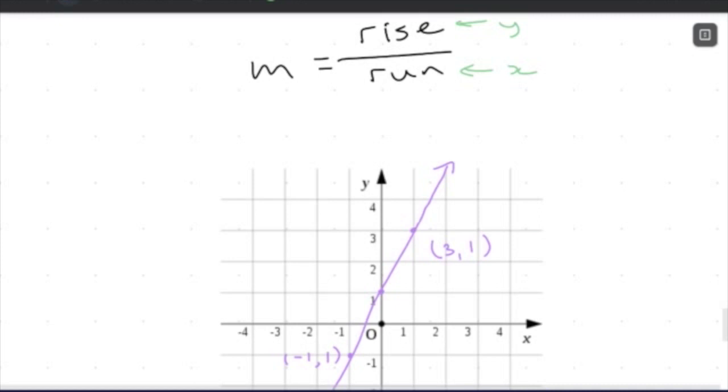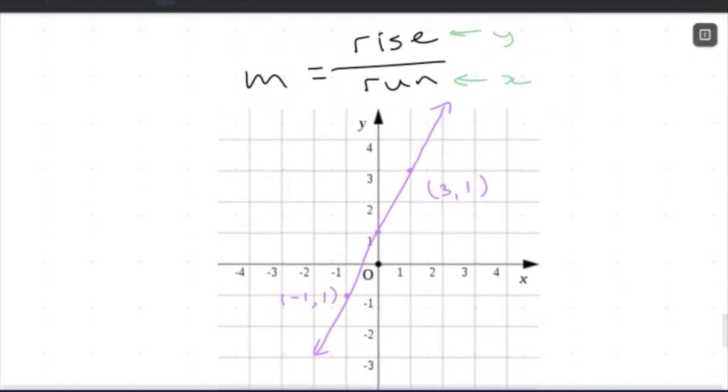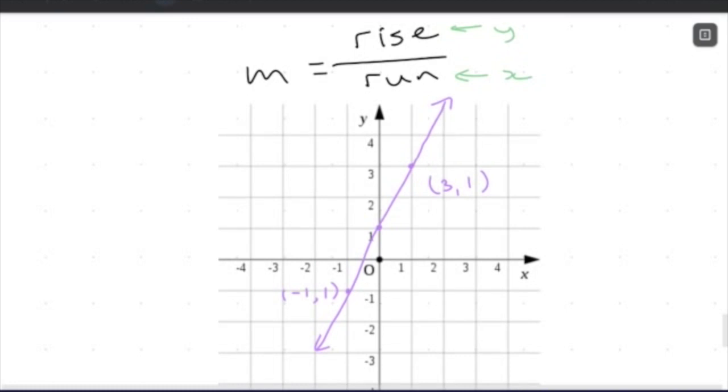Now, for example, let's take this particular graph here, and I'll just move this down a tad bit. So we've defined the gradient as how much the y changes as a ratio to how much x changes. This is a mathematical definition, right?